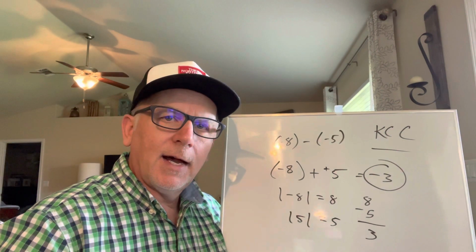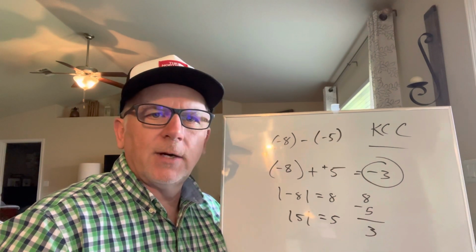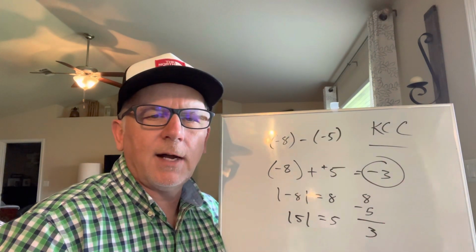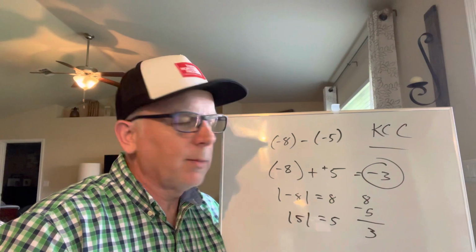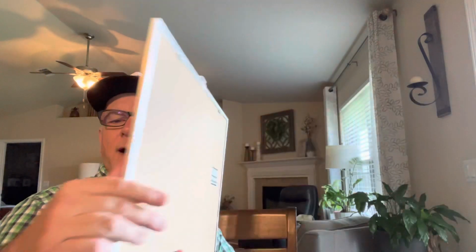Now I realize I've done this pretty quickly, so if you need to show this video again and look at these rules and contemplate them, it's going to help you be able to add and subtract integers. And so if you're taking a test on multiplication and division of integers, I recommend that you do the multiplication and division first, because those rules are easier, and then go through the addition and the subtraction problems following these rules.